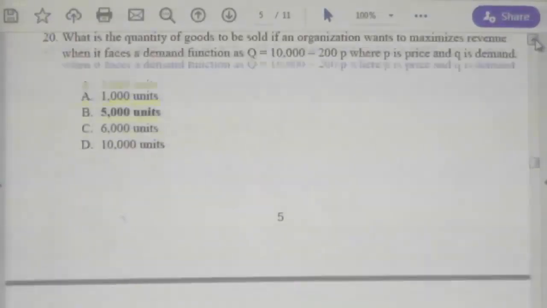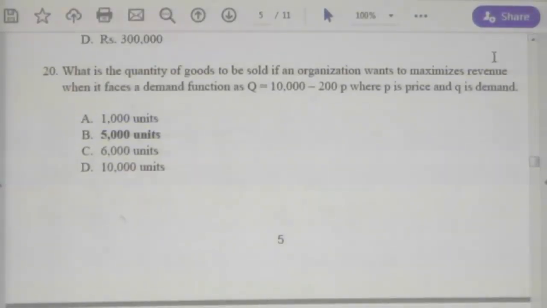What is the quantity of goods to be sold if an organization wants to maximize revenue? It faces a demand function as Q equal 10,000 minus 200 P, where P is price, Q is demand.